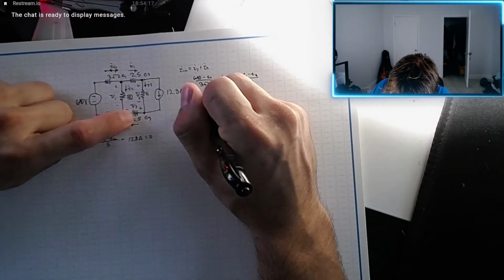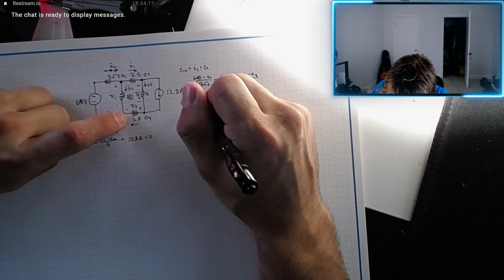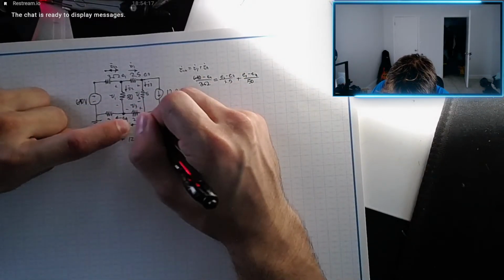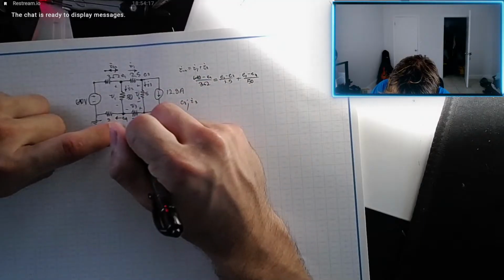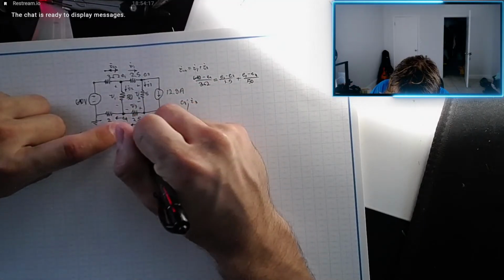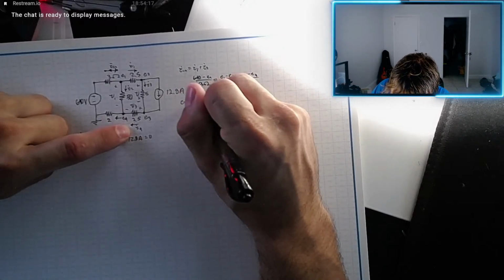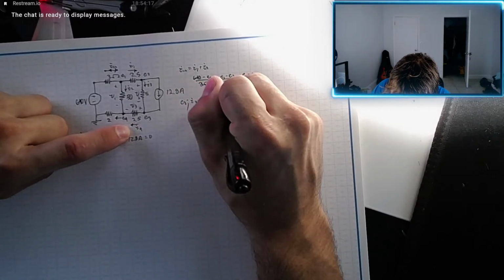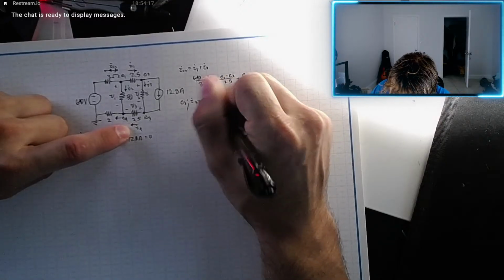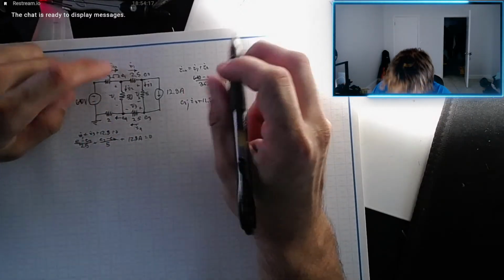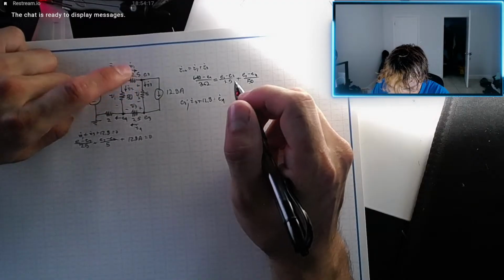I3 is coming in, this is going out, this is going in. I4, do I have that yet? No. I3 plus 12.8 equals I4. I3 again, we already have this written down, right?